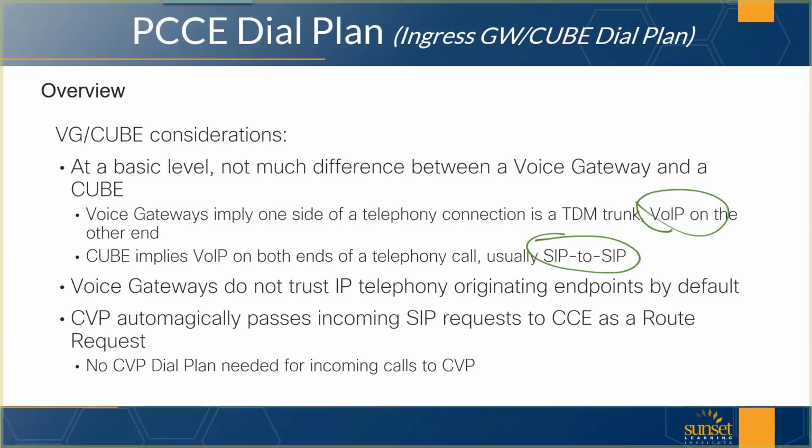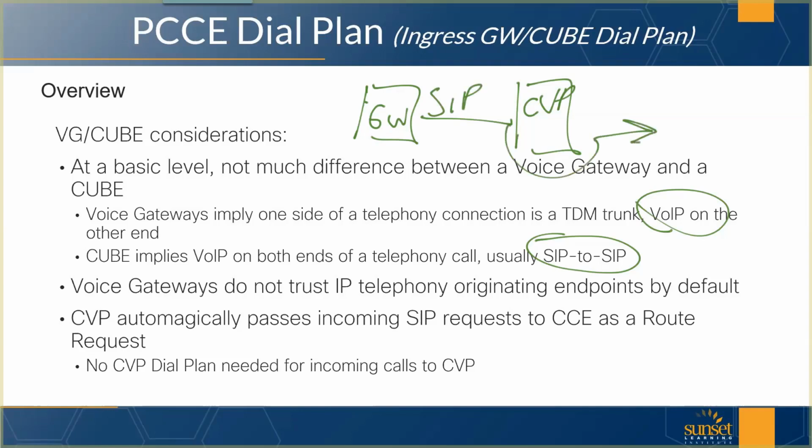And CVP, when we're talking about our voice gateway, sort of delivering a SIP invite to CVP, CVP automatically passes on any SIP invite that the gateway might present to any downstream devices without any dial plan configurations. Not so on responses or incoming services. That's where the dial plan in CVP really comes into its own.